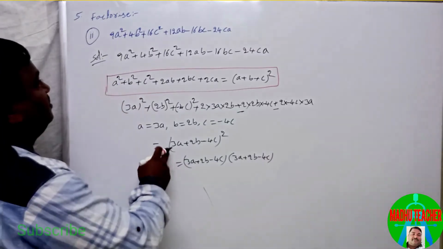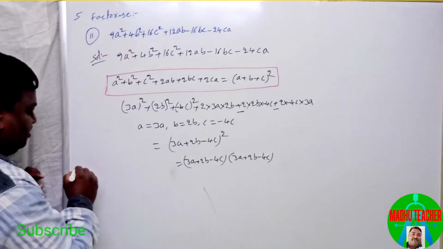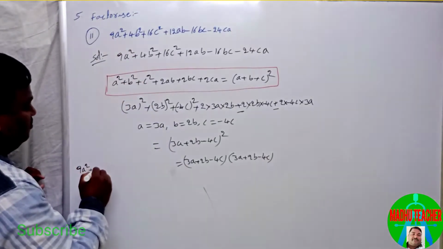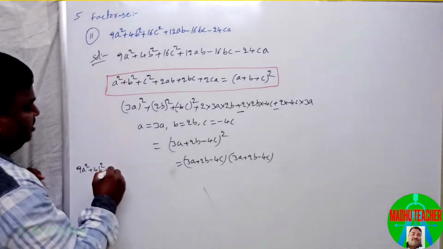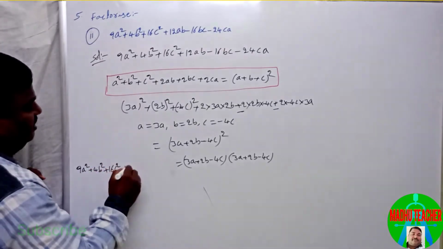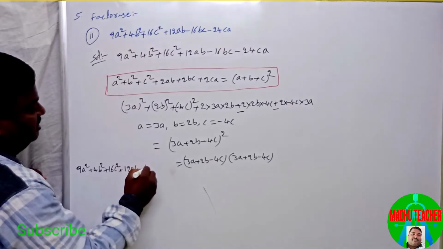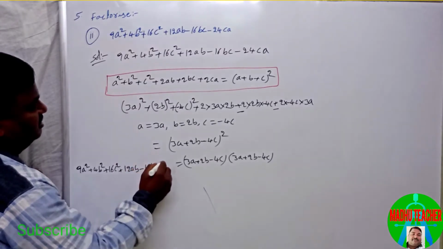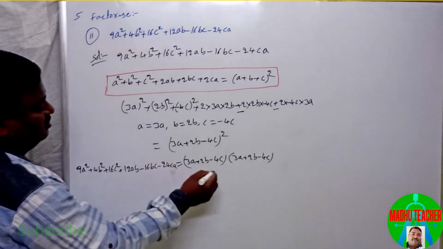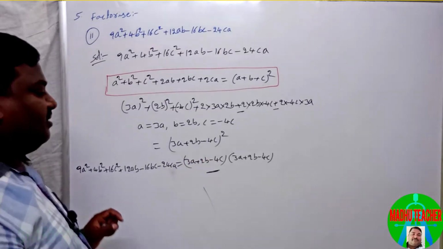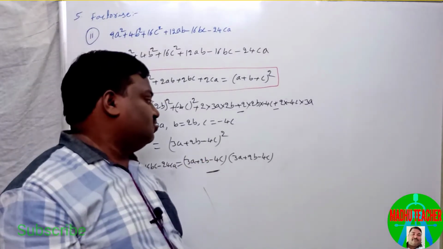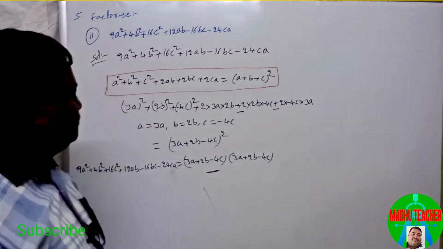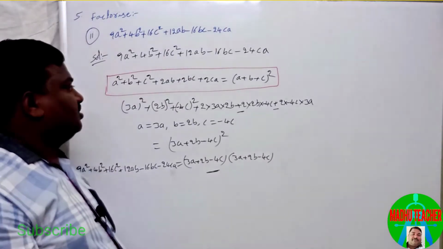So this is 9a square plus 4b square plus 16c square plus 12ab minus 16bc minus 24ca, equal to (3a plus 2b minus 4c) into (3a plus 2b minus 4c). So this is the factorization.